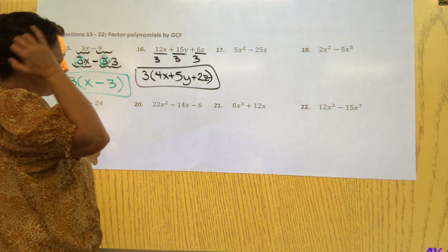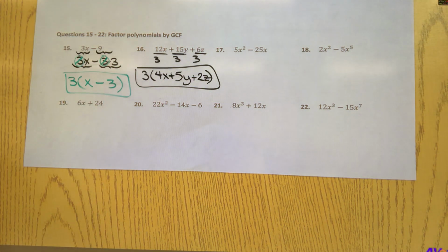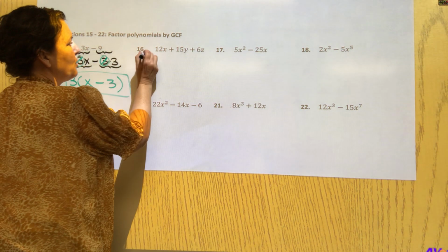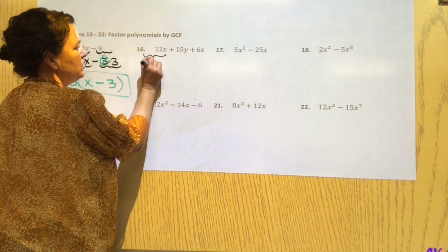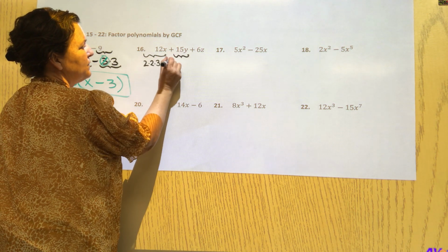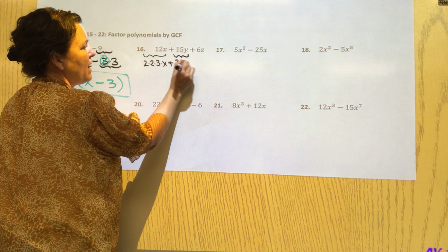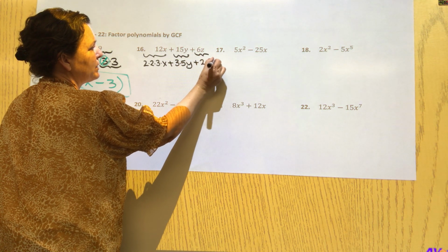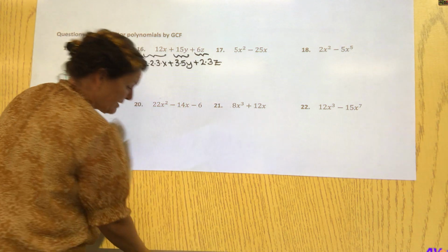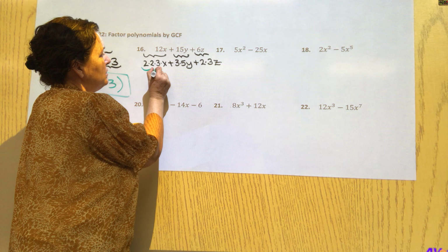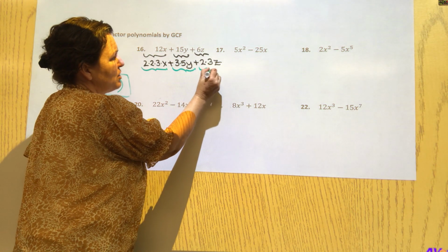Now some of you are going, what does that look like with that other technique? Well, if you broke down 12x, that's going to be 2 times 2 times 3 times x. 15y is going to be 3 times 5 times y. And 6z is going to be 2 times 3 times z. So basically I used a factor tree and I broke down all 3 chunks. So we have chunk 1, chunk 2, and chunk 3.